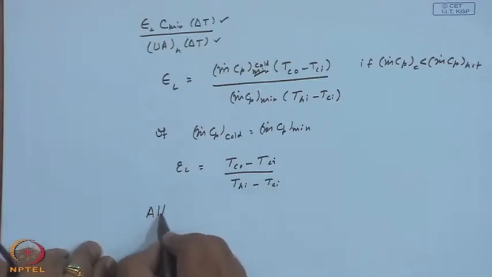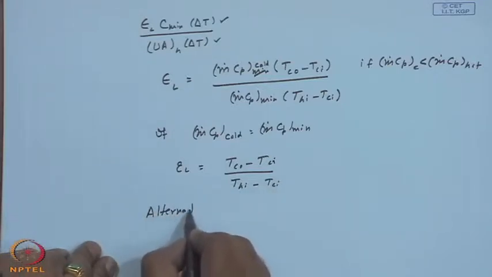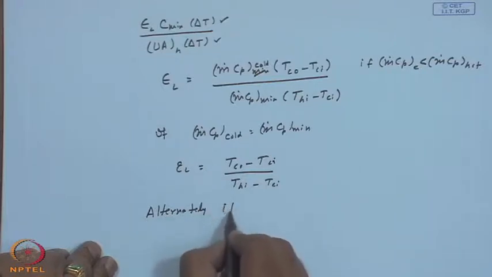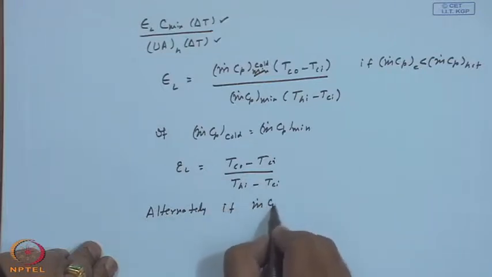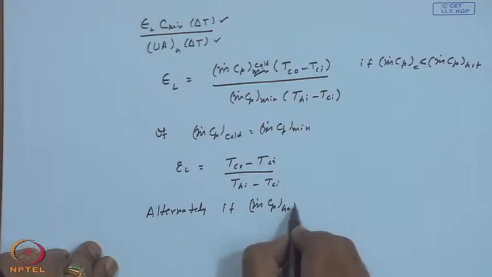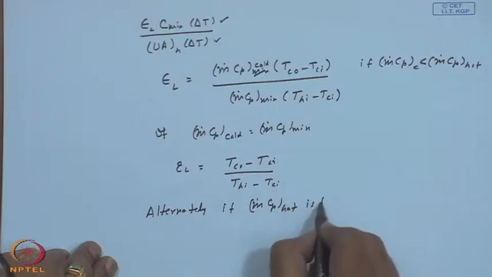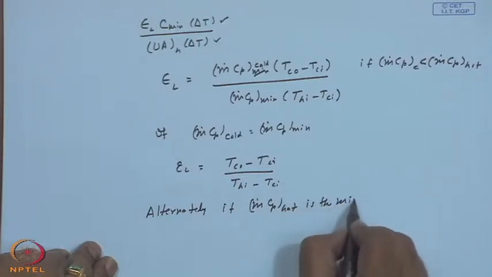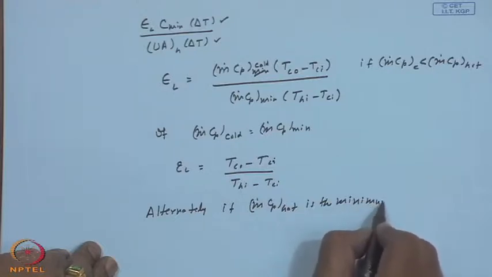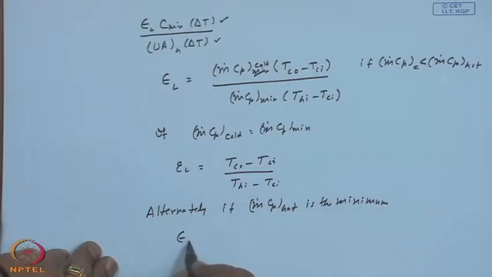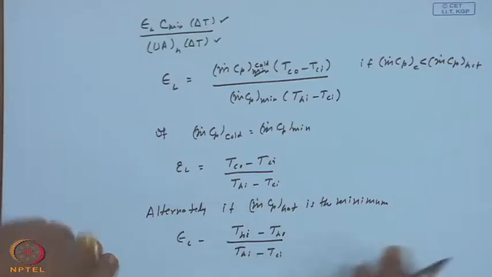Alternately, if m dot C p hot is the minimum, you have epsilon L is T HI minus T HO by T HI minus T CI.